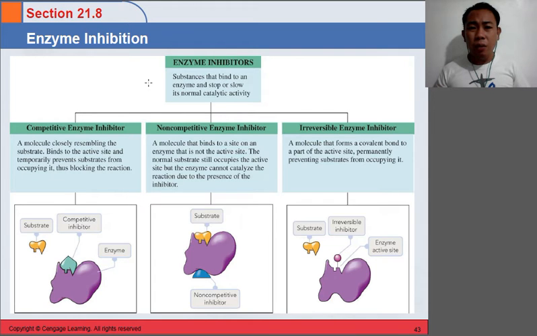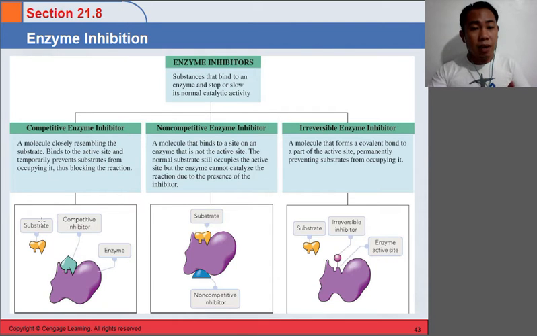That's why we call them enzyme inhibitors. And we have three types of enzyme inhibitors: the competitive enzyme inhibitor, the non-competitive enzyme inhibitor, and the irreversible enzyme inhibitor. When we say competitive enzyme inhibitor, the molecule closely resembles the substrate.